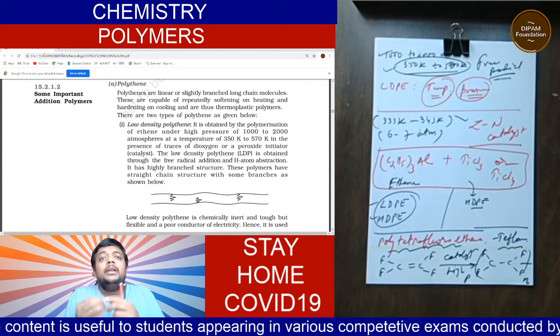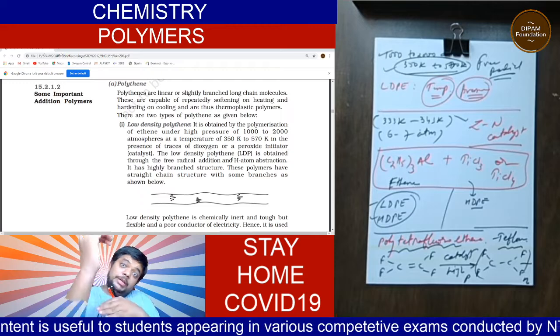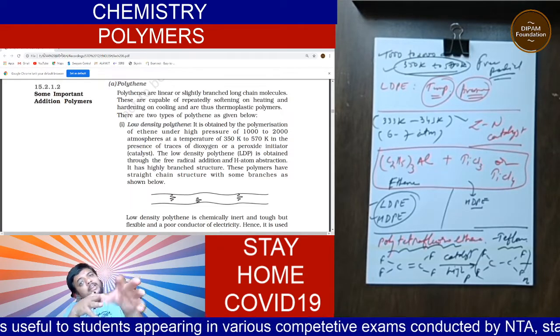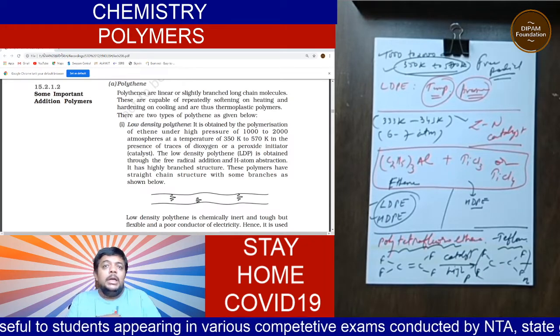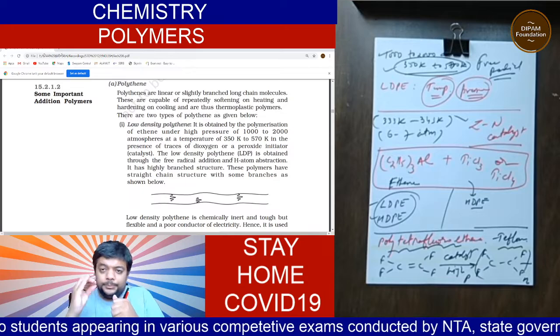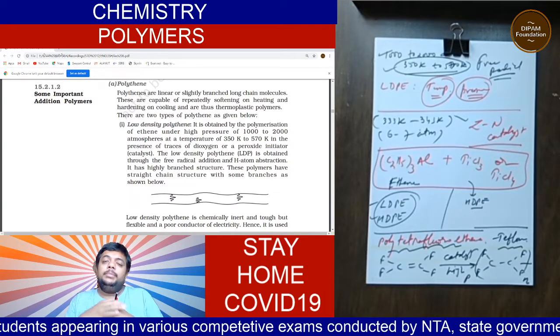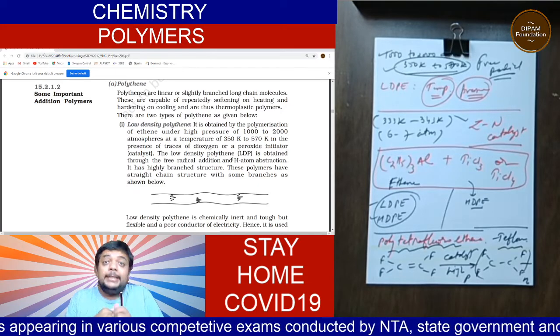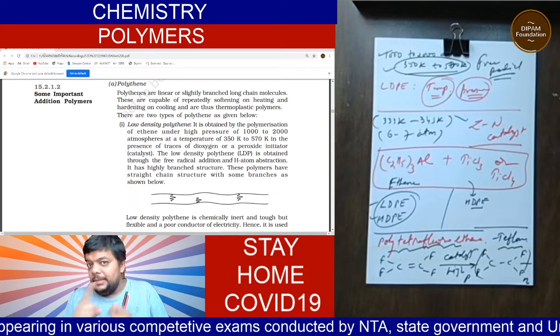A material or a chemical that helps in initiating the reaction is called an initiator, and sometimes this initiator itself plays the role of a catalyst. And the same thing happens in LDPE. This peroxide plays a dual role of a catalyst as well as an initiator for LDPE.